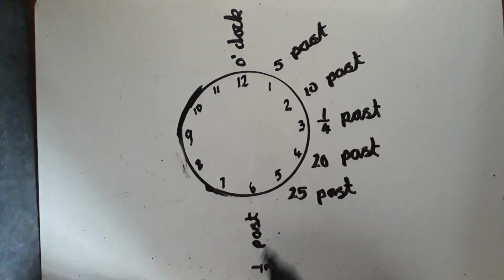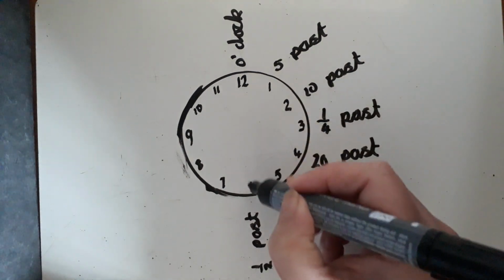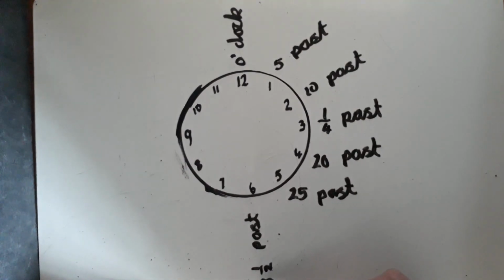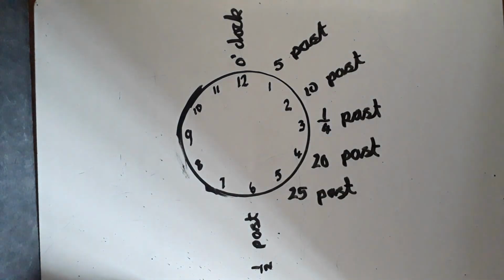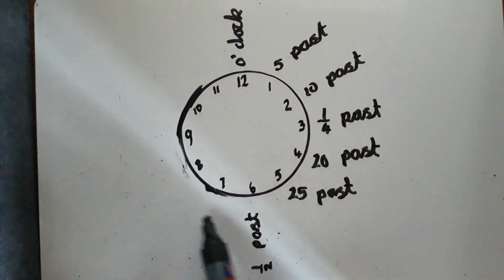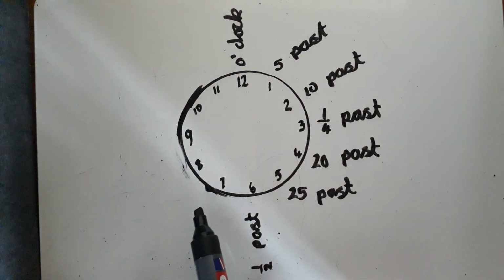And again, we don't say 30 past. When the minute hand points down to the 6, we say half past because it's gone halfway around the clock.